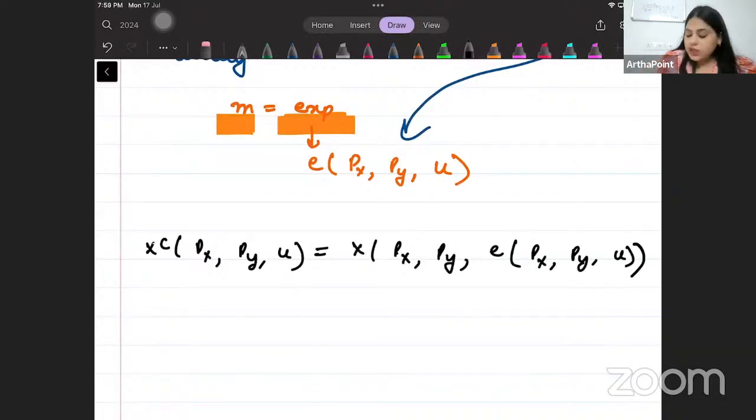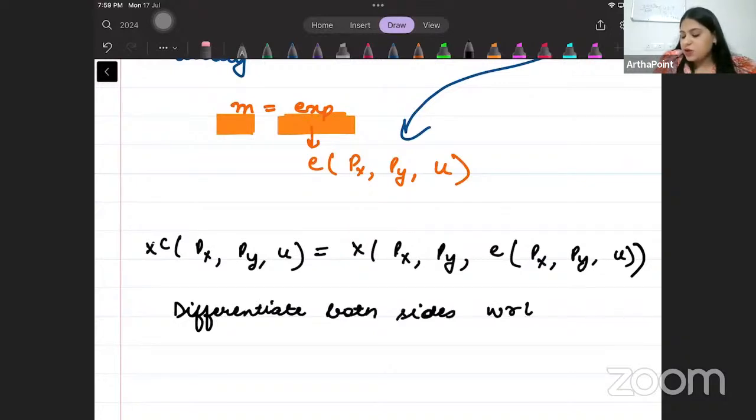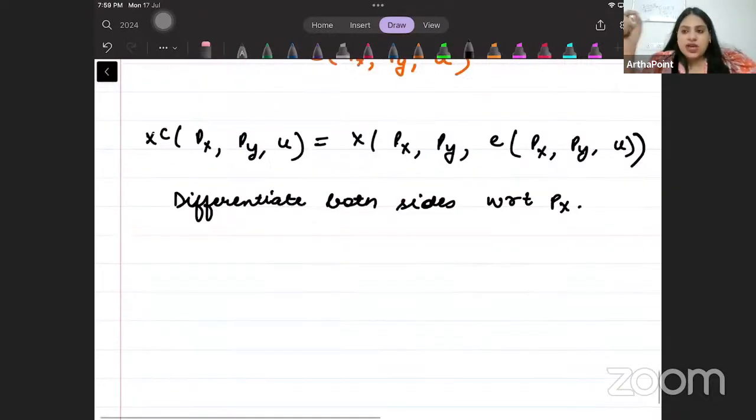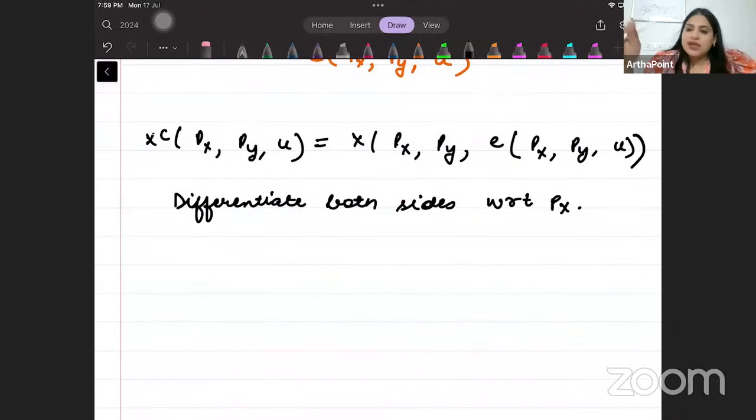Now, differentiate both sides with respect to Px. So we are differentiating both sides with respect to Px. यहाँ पे तो Px बेटा सिर्फ यहाँ आ रहा है. This is Px. So this will simply be del xc by del Px over.